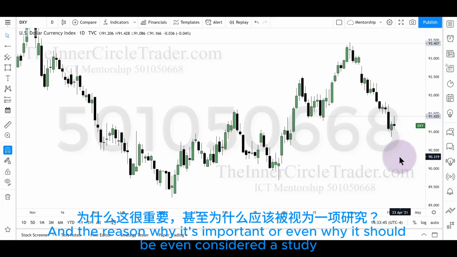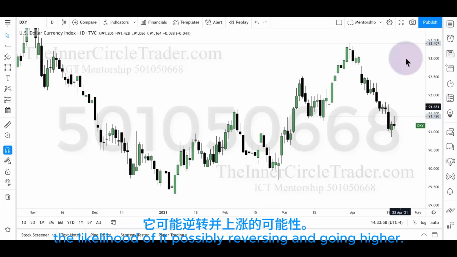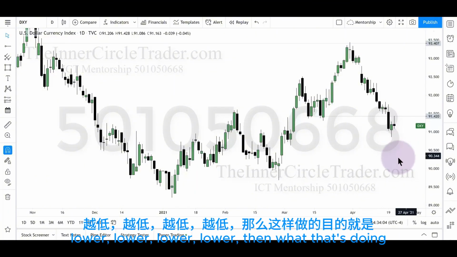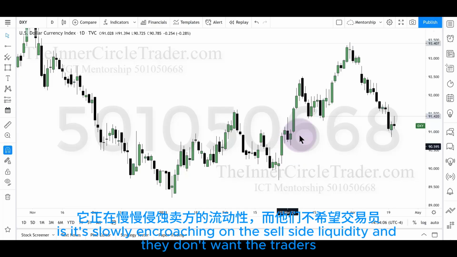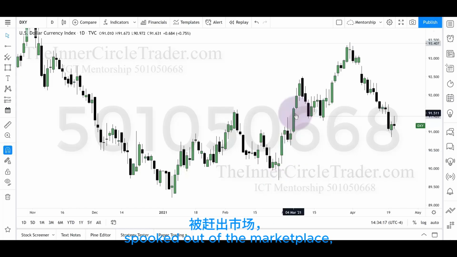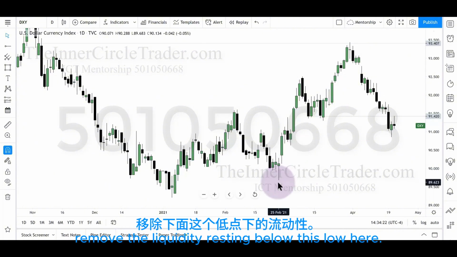And the reason why it's important, or even why it should be considered a study, or why is it even relevant? Well, if it runs quickly for it, it's doing it with the likelihood of it possibly reversing and going higher. If it just keeps stair-stepping lower, lower, lower, then what that's doing is slowly encroaching on the sell side liquidity, and they don't want the traders to take those stop losses off, because if the longs get spooked out of the marketplace, that might also remove the liquidity resting below this low here.